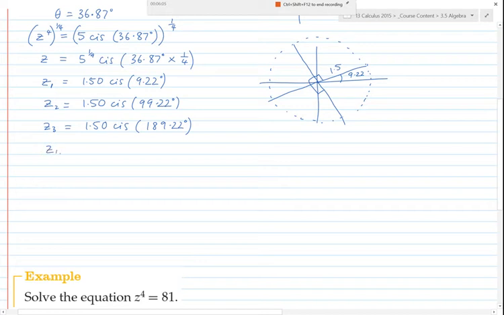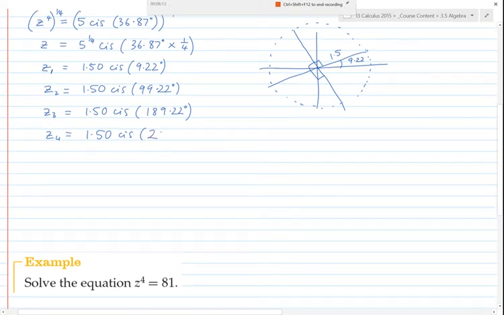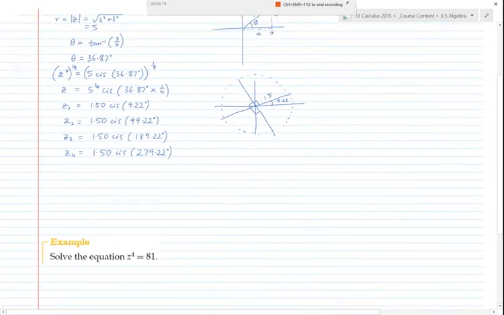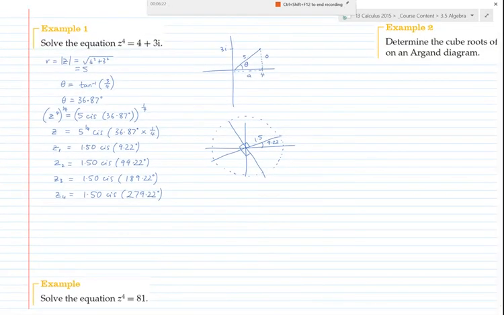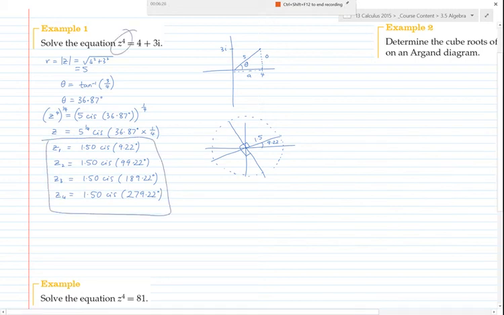And our last solution is going to be 1.50 cis, and it's going to have an angle of 279.22 degrees. And so that's the key that you have to remember when you're solving these equations using polar form, is that you're always going to have the same number of solutions as your highest power in your equation.